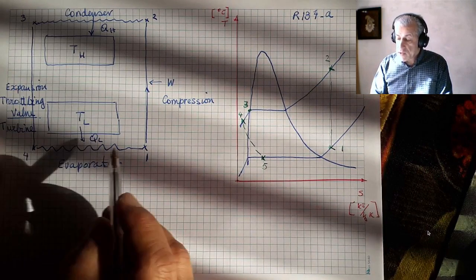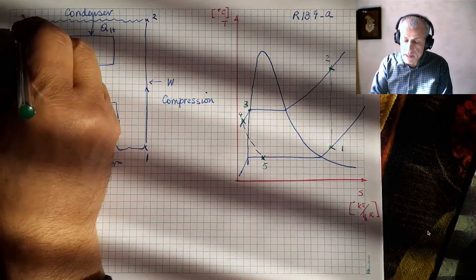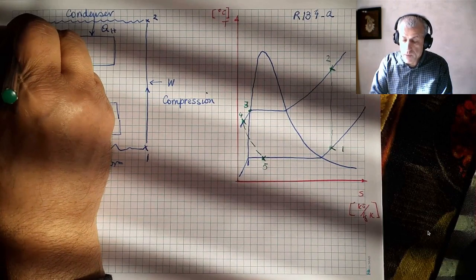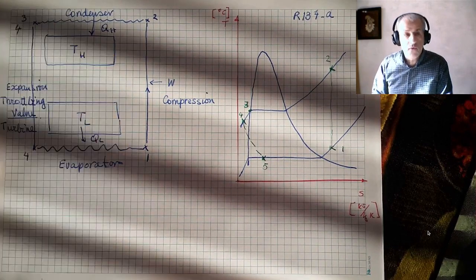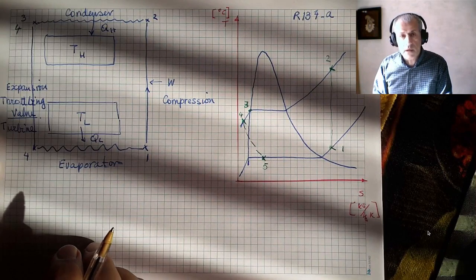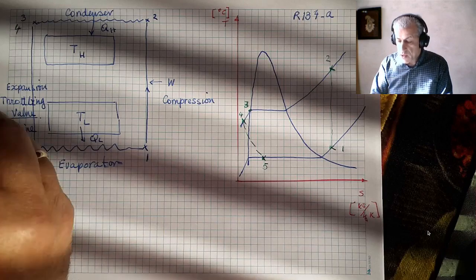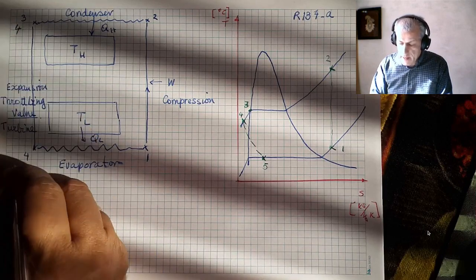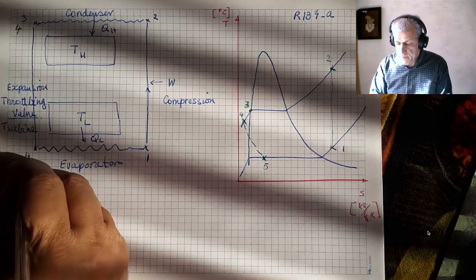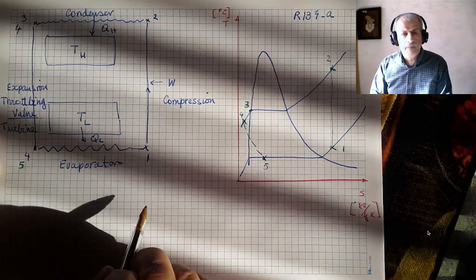In fact, just to comply with this one, I would call this point 4. You see, the green markings, the green color, is what really happens. It is 3 or 4, and this is 5, as it is drawn here.